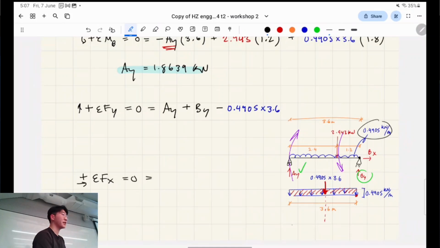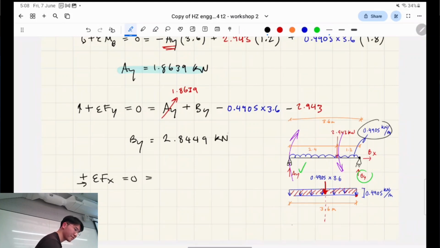This is the self-weight component, and this is the point load equivalent. Oh, sorry, it's down. Okay. And then, since we know what Ay is, I'm just going to replace this part. When we rearrange for By, we get that By is 2.8449 kilonewtons.